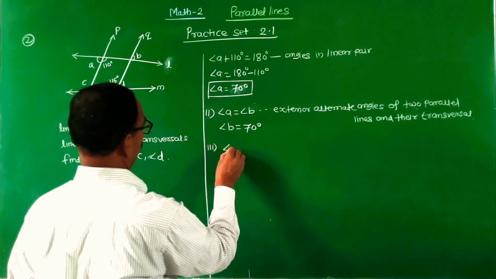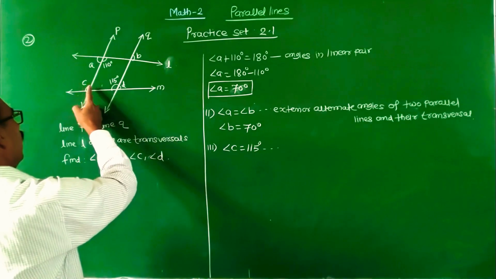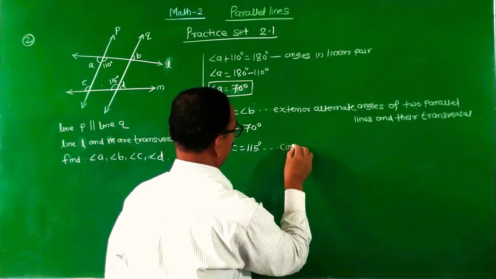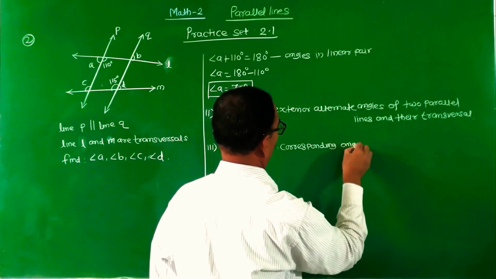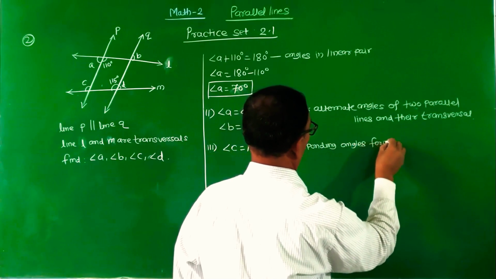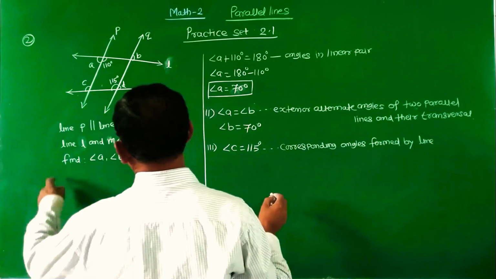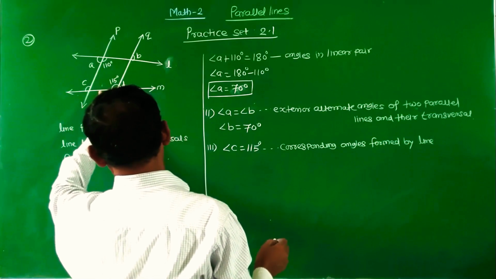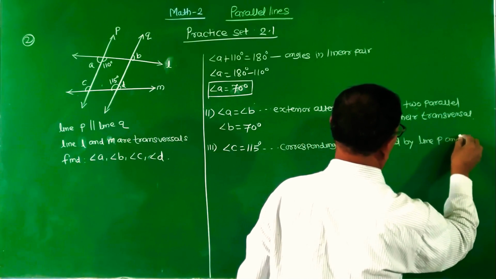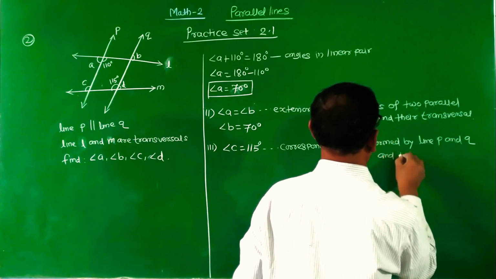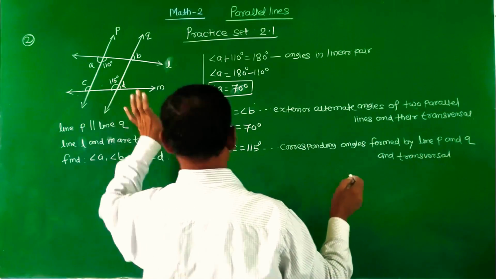So here we can write angle C equal to 150 degrees, because these are the corresponding angles formed by lines P and Q and a transversal. Here the transversal is line M.